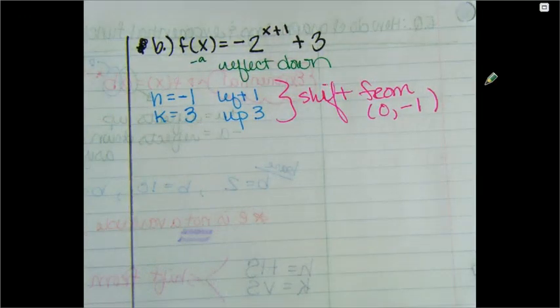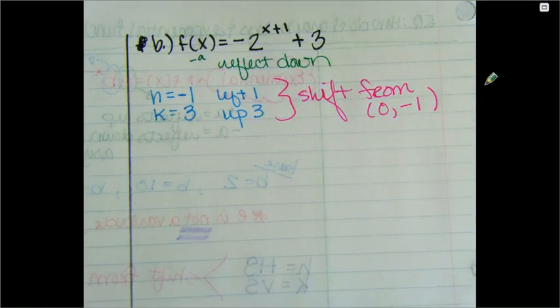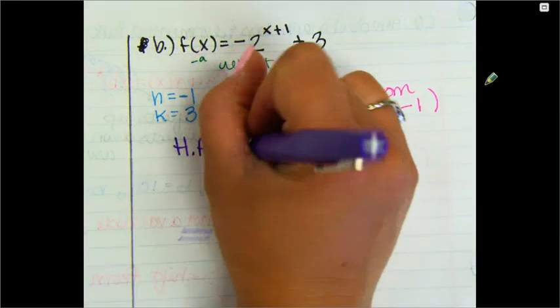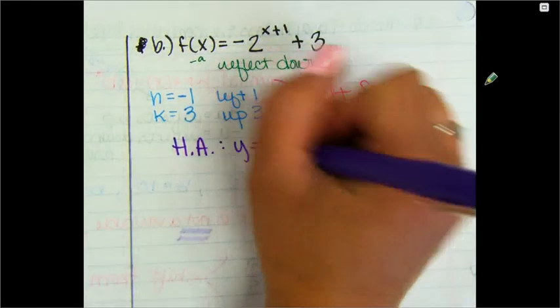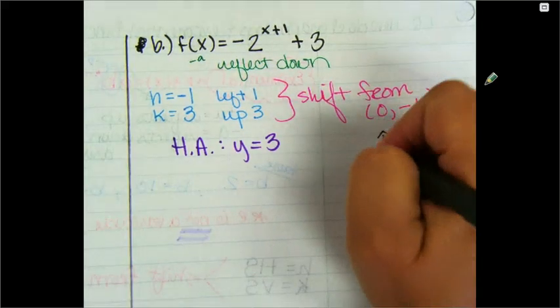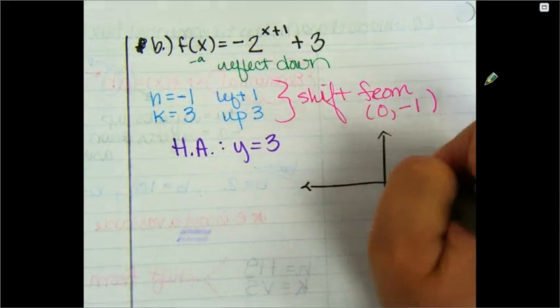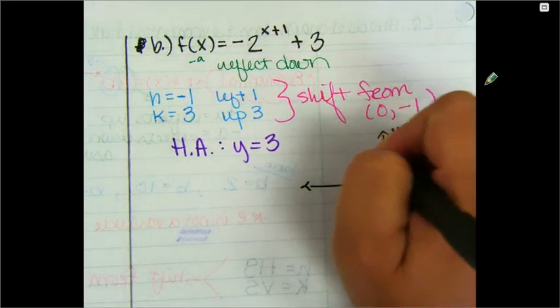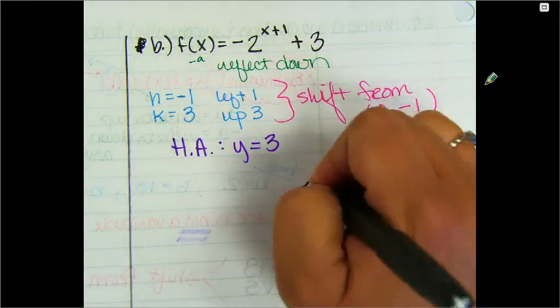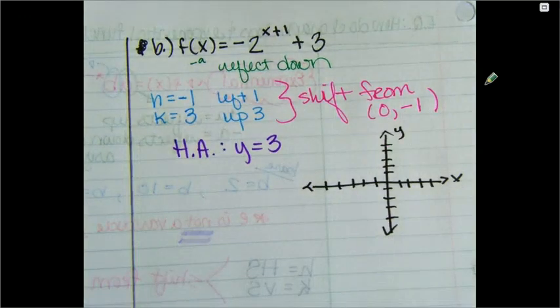You can put the work up there if you want on your paper. All right, so we're shifting from 0, negative 1. What's your horizontal asymptote? Y equals 3. We'll do domain and range after we graph it. Good? All right, let's draw the asymptote in at where? Positive 3?